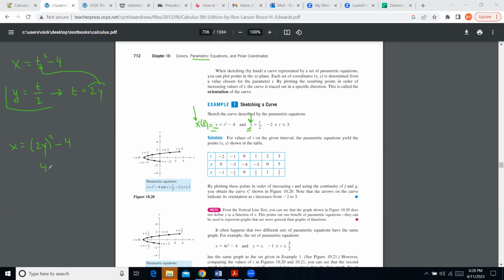So 4y to the second power minus 4 is a relation which is not a function, right? Because it has a y squared present in it. It's just like an analog of relation x is equal to y squared, like a parabola that opens to the right.